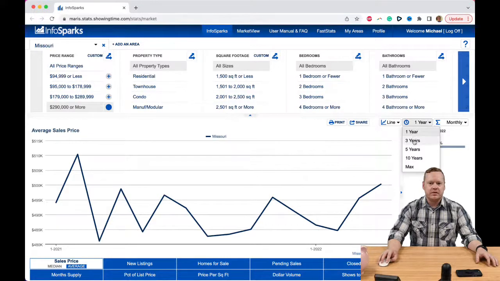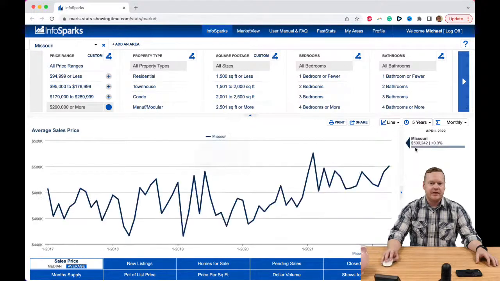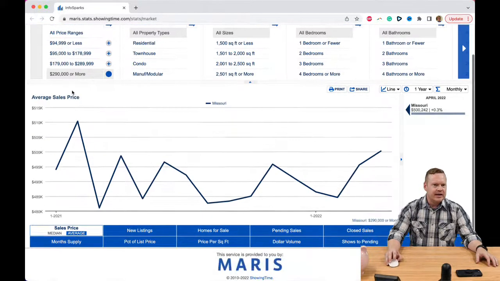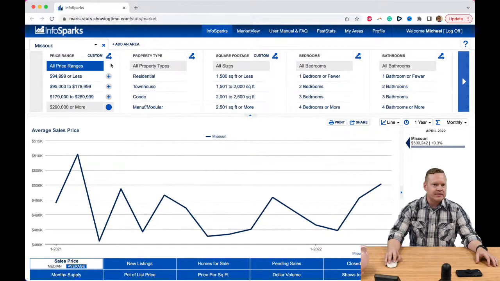Let's look over a 3 or 5 year period. I think that's possibly going to give you more of a trend upwards than trying to look at all the data together. And maybe over a very short period of time, you might be able to get some interesting stuff out of this. But I can't see this.